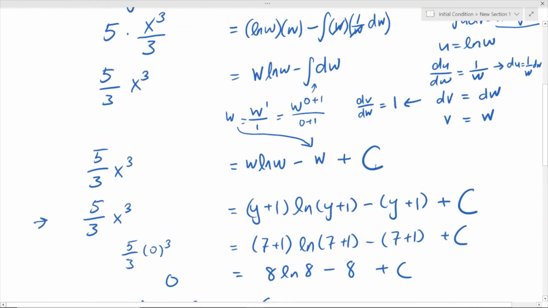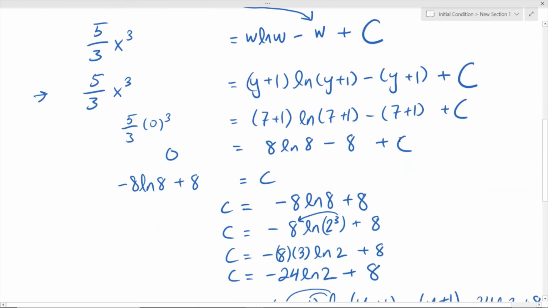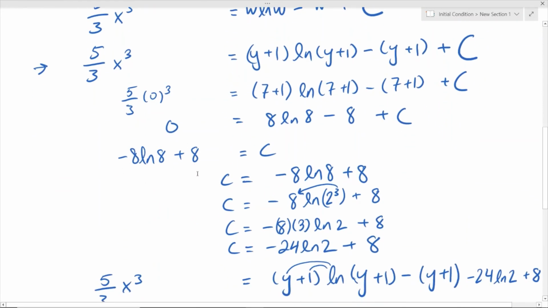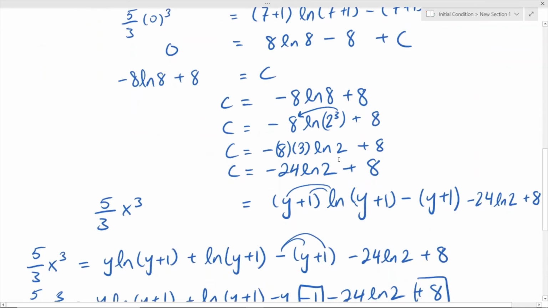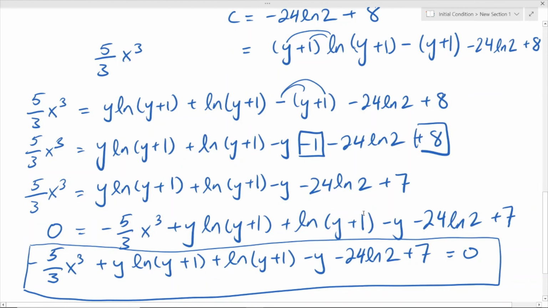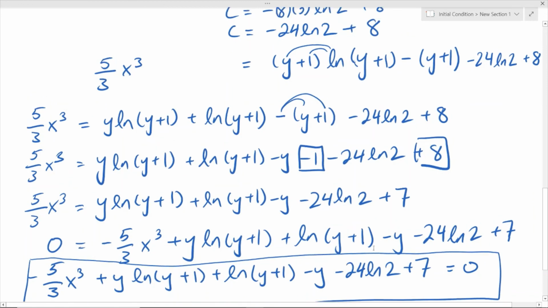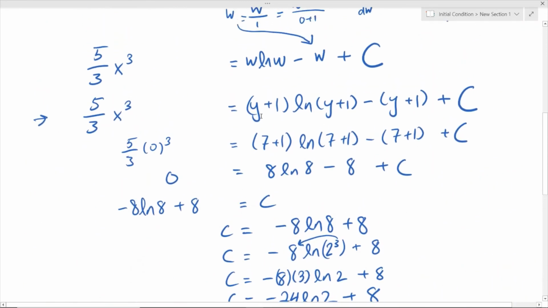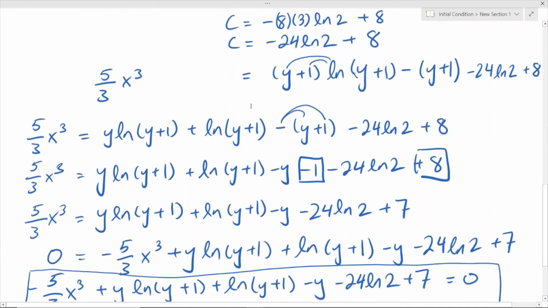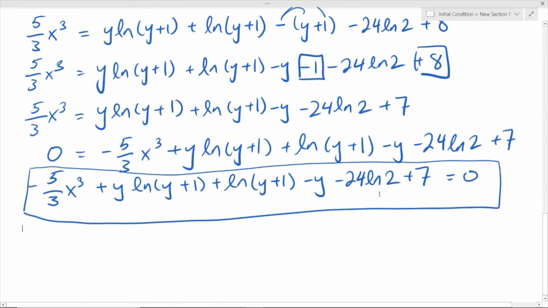And plugging that in, we solve for c, and we solve c to be this right here, or you can say this, and then we just plug the c back into our original equation, which was this with the arrow. We plug it back in, and once we plug it back in, we rewrote the equation, made it look nicer.